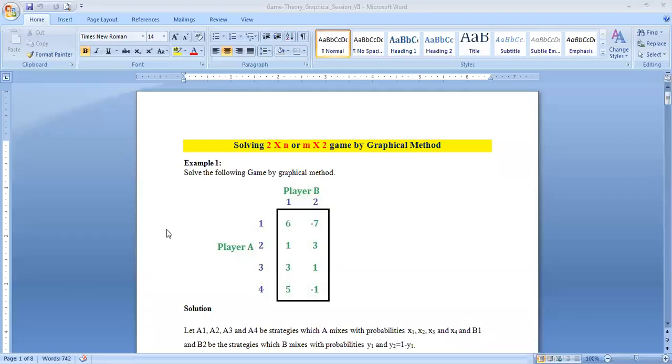And in this session, we are going to study the last bit of this game theory chapter, that is solving the game by graphical method.